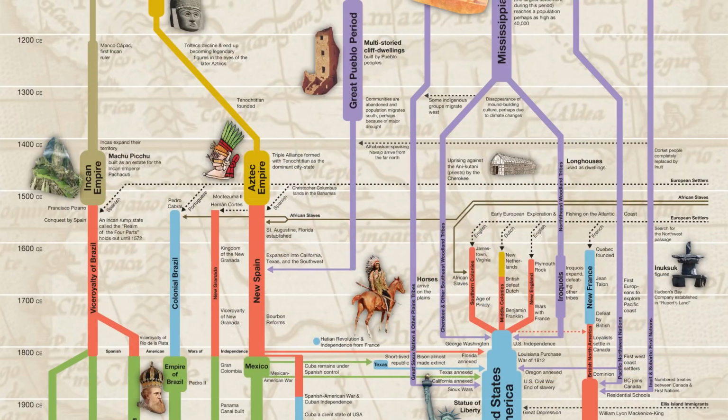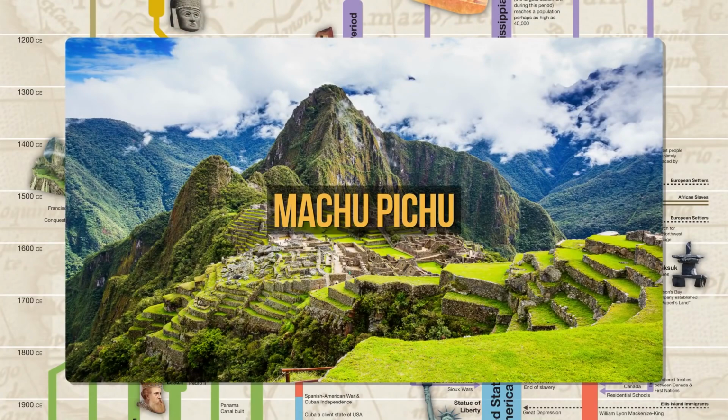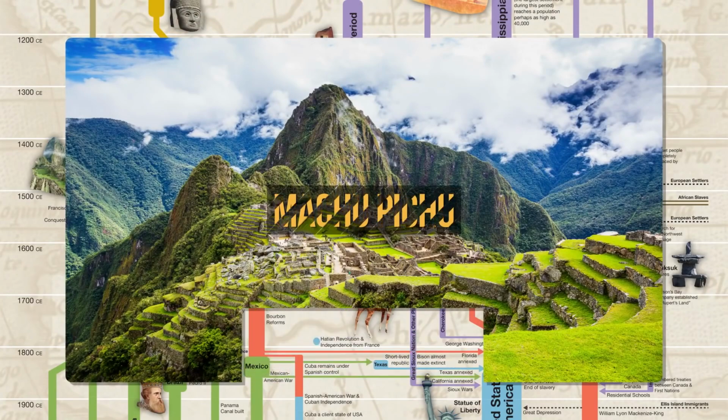Okay, the final 2 civilizations I need to point out are the Incas and the Aztecs. The Incas lived in the Andes in South America, whereas the Aztecs lived in Mesoamerica, around what is today Mexico City. The Incas were the ones who built Machu Picchu, the famous mountaintop retreat that was used primarily by their elite.